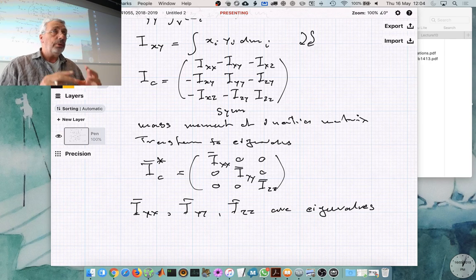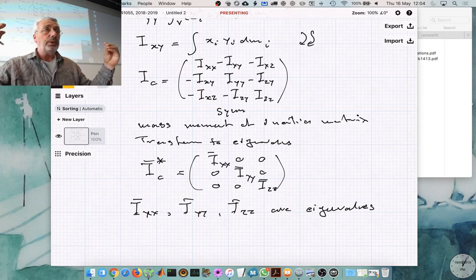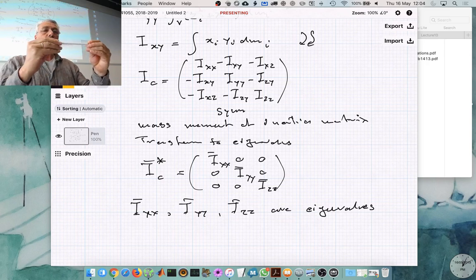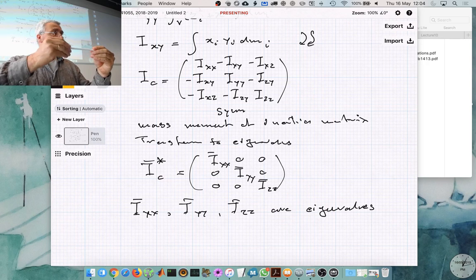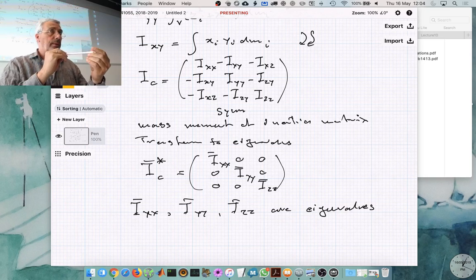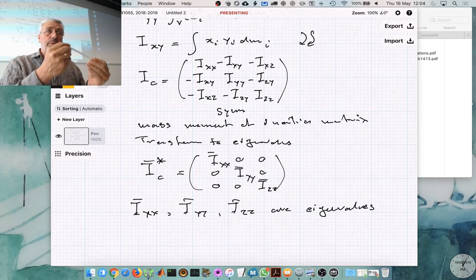Sometimes they can be zero when the size of an object is shrunk around one axis to zero, like the pen has almost no dimension in this direction. So the inertia for rotation is almost zero. But the other two, this and this one, are large. And in this case, they are even identical. We have two identical eigenvalues.